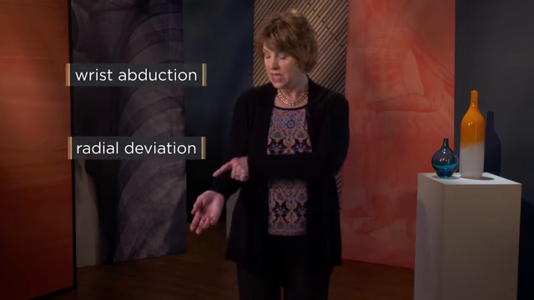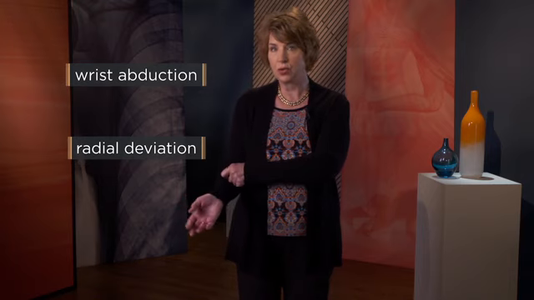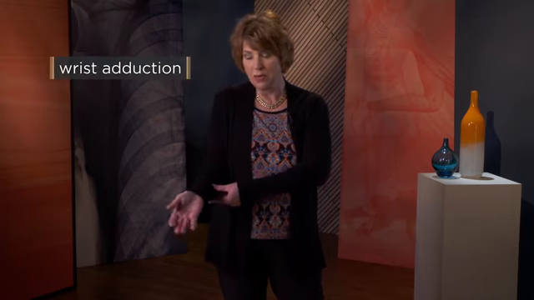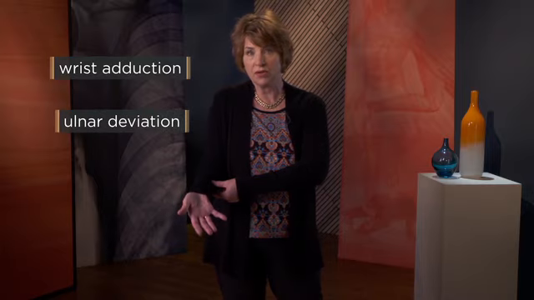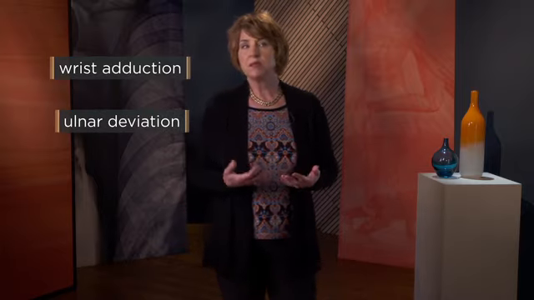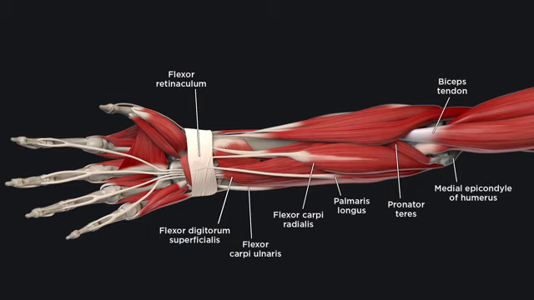But at the lateral edges in both the anterior and posterior forearm are muscles that abduct the wrist and hand, an action also called radial deviation, since we're deviating the hand toward the radius. And at the medial edges in both compartments, we also have muscles that adduct the wrist and hand, also known as ulnar deviation.